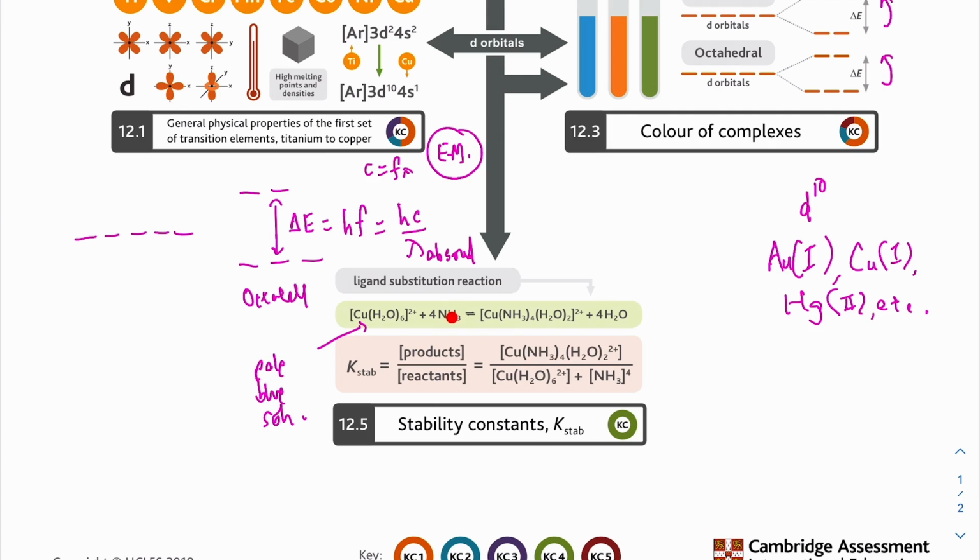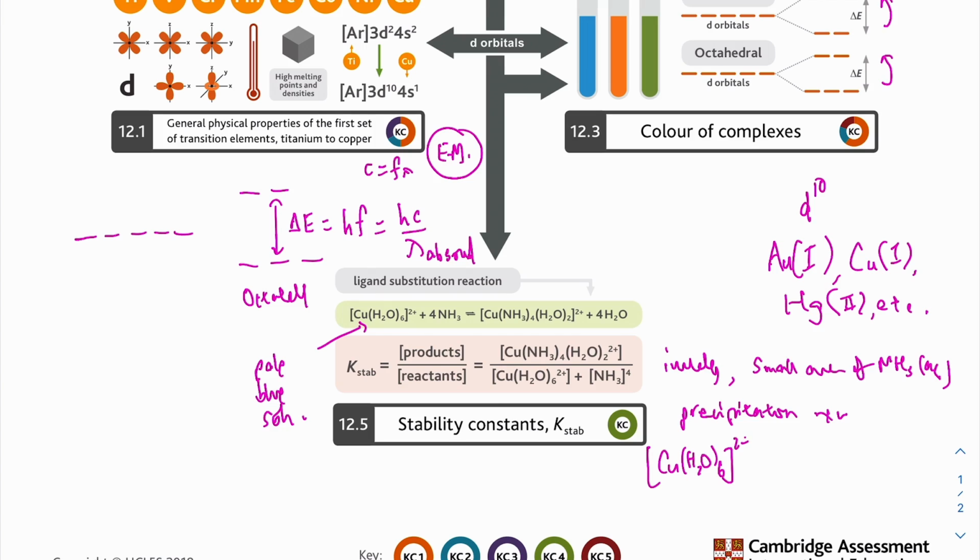When you add a bit of ammonia, initially you get an acid-base reaction. You get a precipitation reaction, in a small amount of aqueous ammonia, as you will have known from your GCSE and O-level practical chemistry.